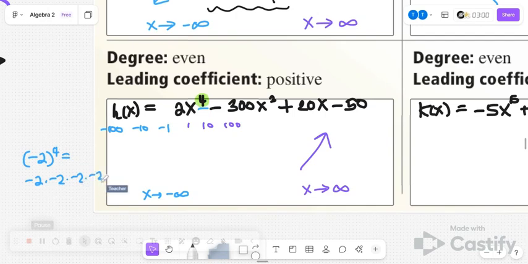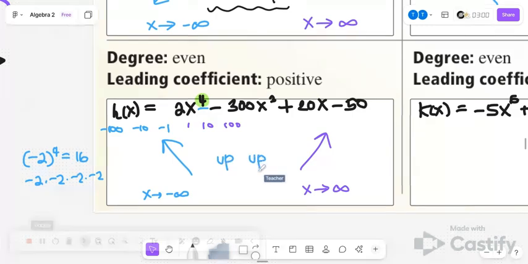You have an even number of negative signs, so it's going to be positive 16, right? So all the negatives are going to be gone. When x is approaching a really, really small number, it's still going up, right? So in this case, the end behavior is going to be up, up.